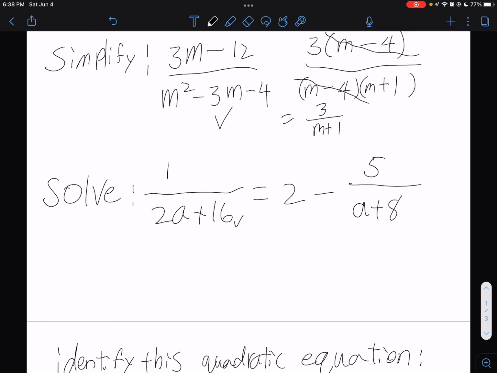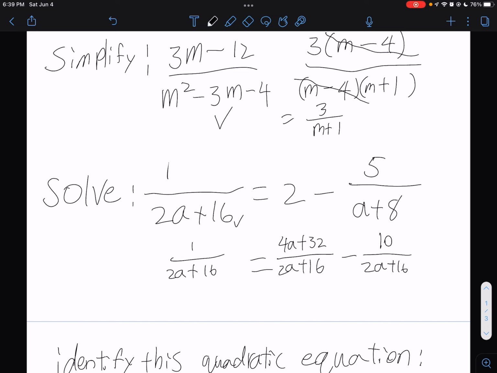So for the 2 we have, let's do this, 2a plus 16 has to be 4a plus 32 because we're multiplying by 2. And then we minus, so we need to times it by 2 because that's how we get 2a plus 16, and then minus 10.